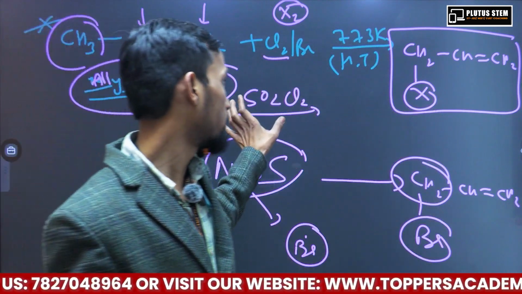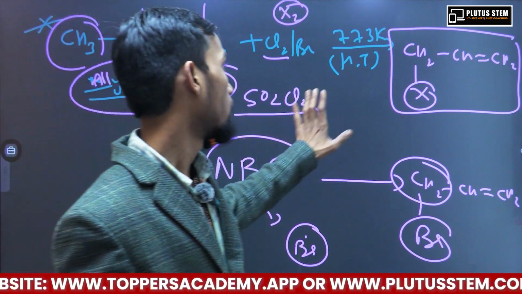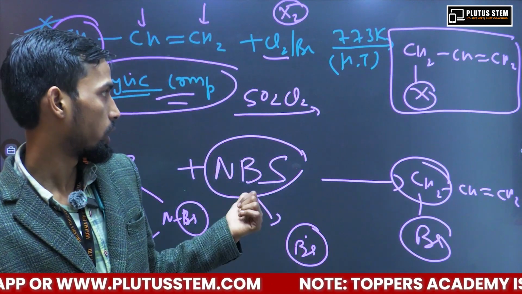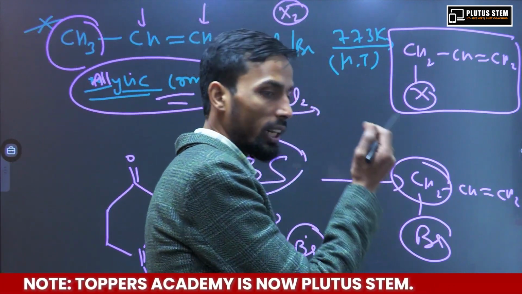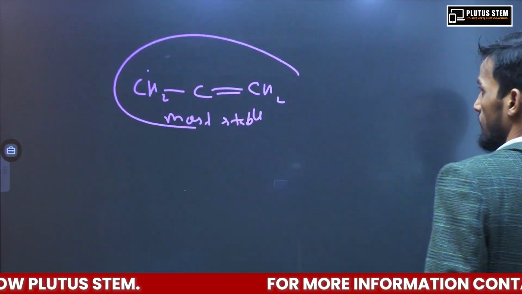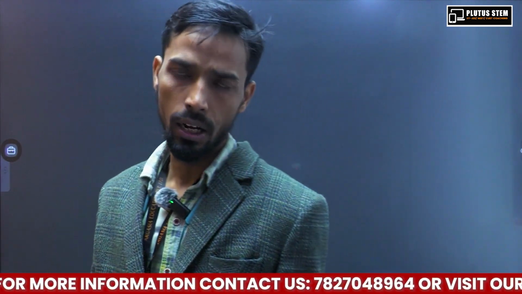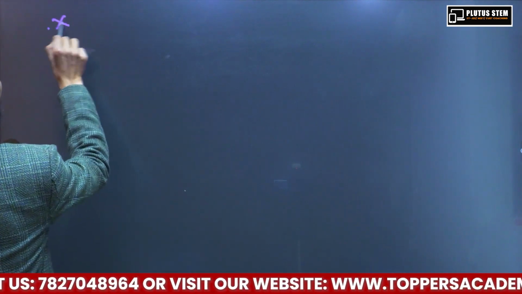With the help of this SO2Cl2 also, we are going to get a product in which the allylic position is being attacked by this halogen. See, SO2Cl2 means Cl is going to attack. If you are given some Br2 or I2, then we can see some other possibilities. Just one or two reactions are remaining, and I will discuss that also.